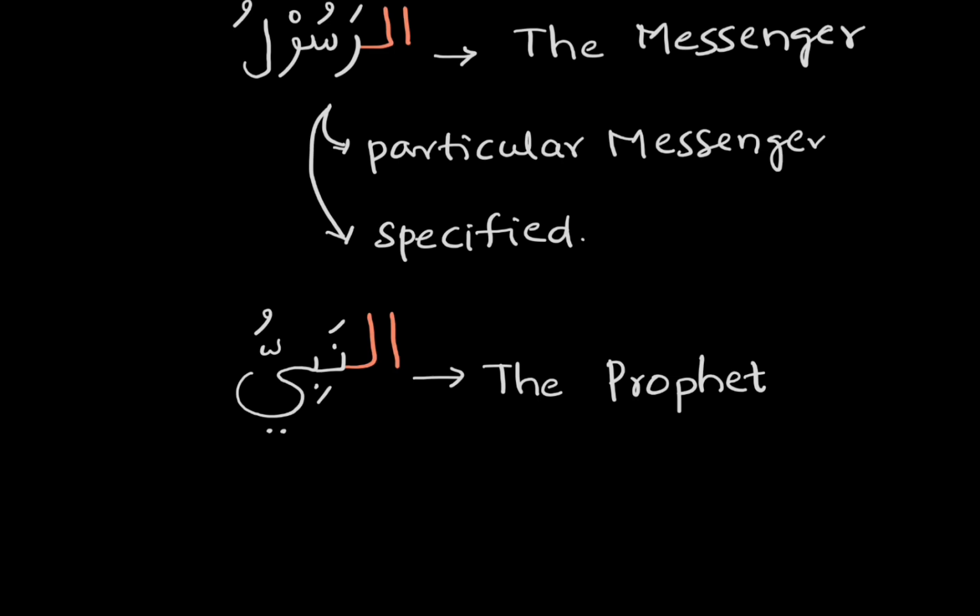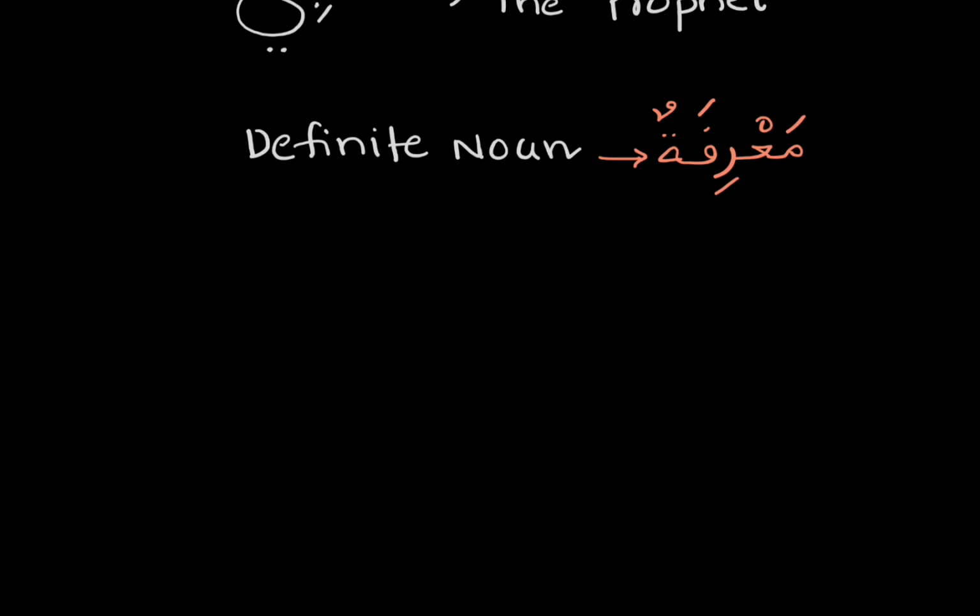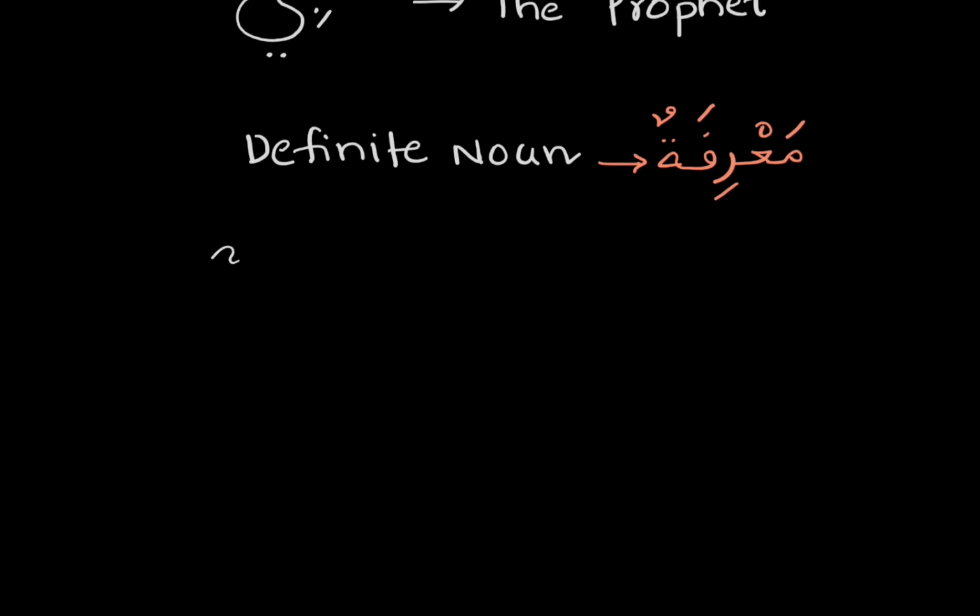Here also we are talking about a particular nabi, so it is being specified. So it is also a definite noun. As said earlier, the definite nouns in Arabic are known as ma'rifatun.